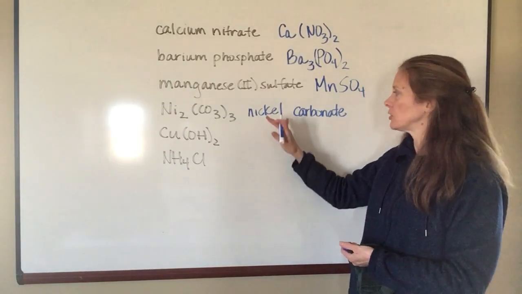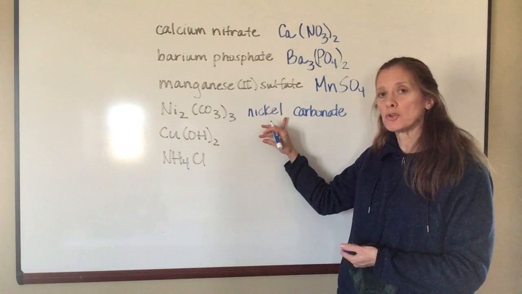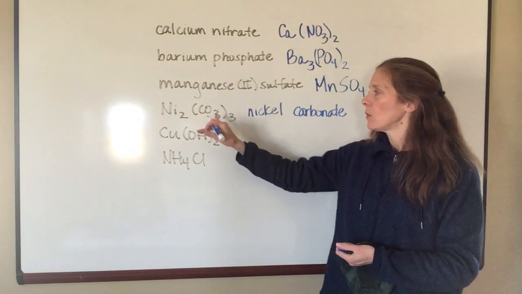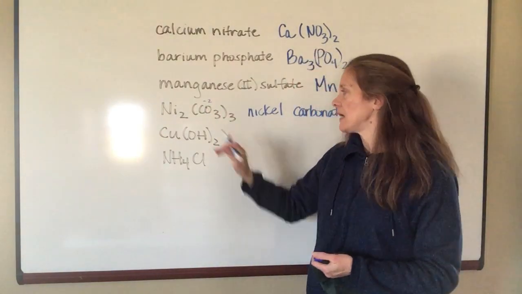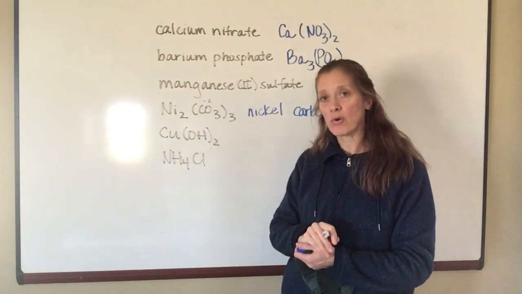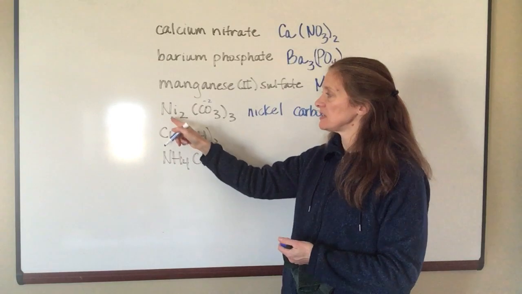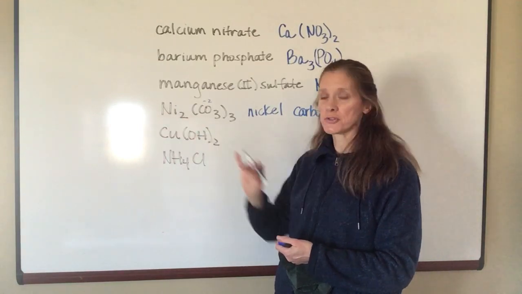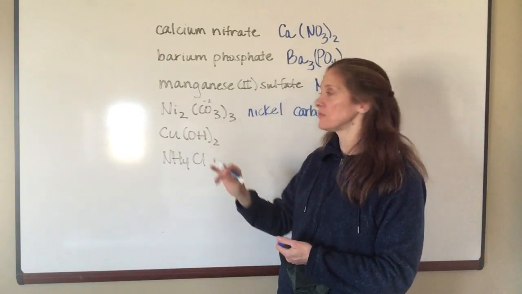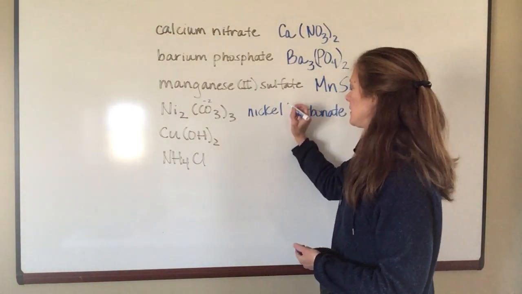So how am I going to figure out what the Roman numeral is that should go in the middle? Well, carbonate is a -2, and I have 3 of them, which makes a total of -6. So that means I need a total of +6 over here. I have 2 nickels to do that job, so each one of them is going to be a +3.